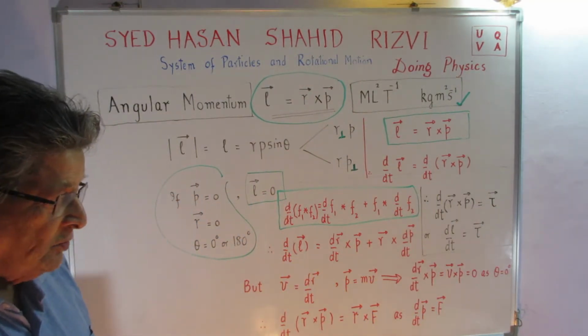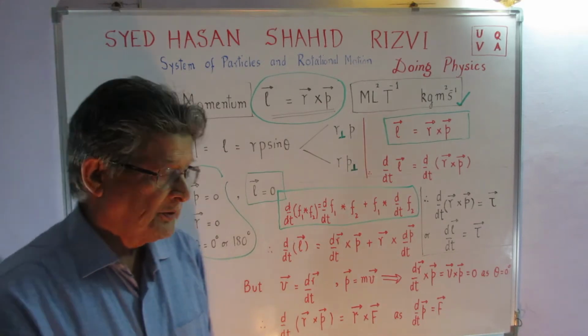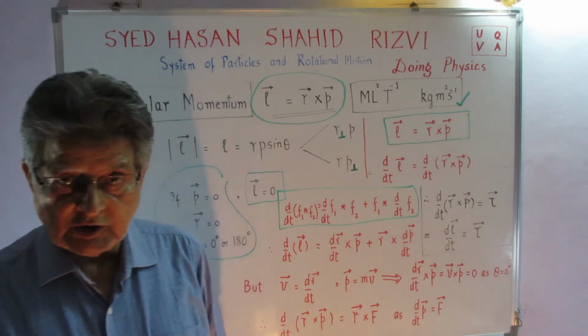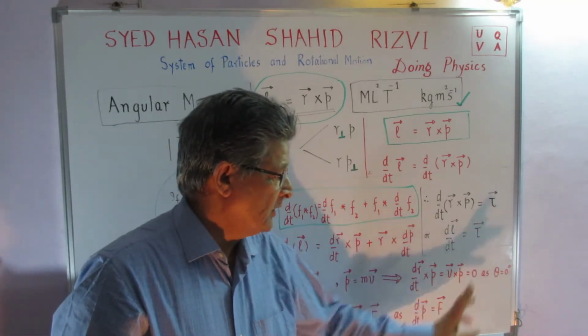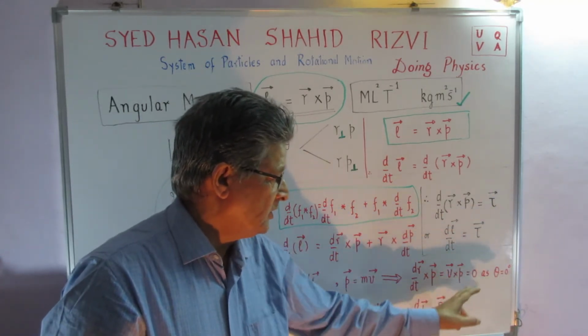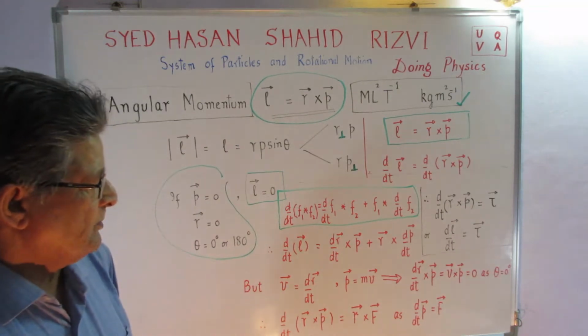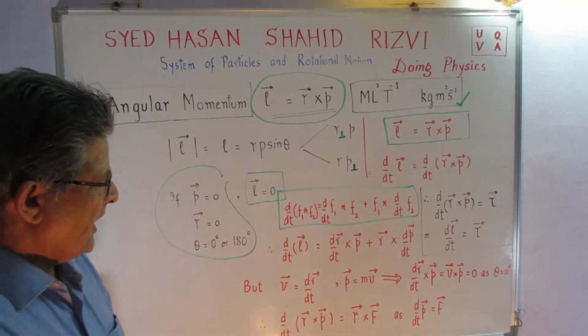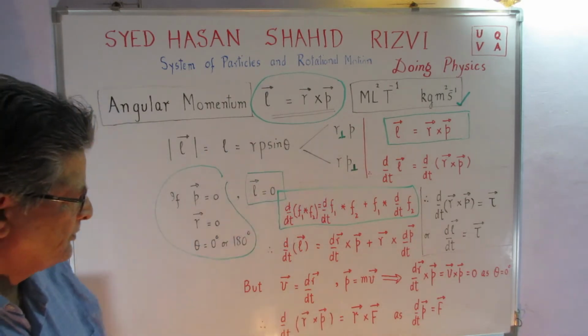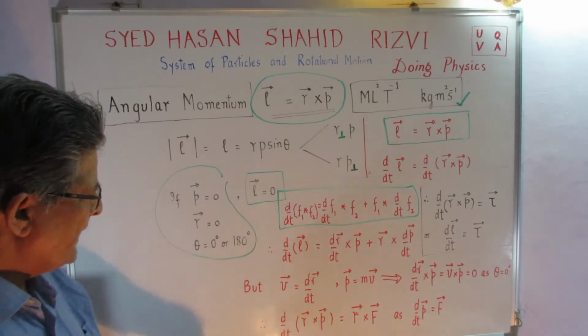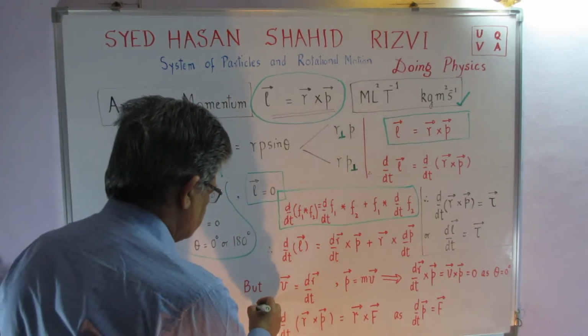The angle between the two of them is 0 degrees because velocity and momentum are in the same direction, and sine of 0 degrees is 0. Therefore this term dr/dt cross p turns out to be equal to 0.